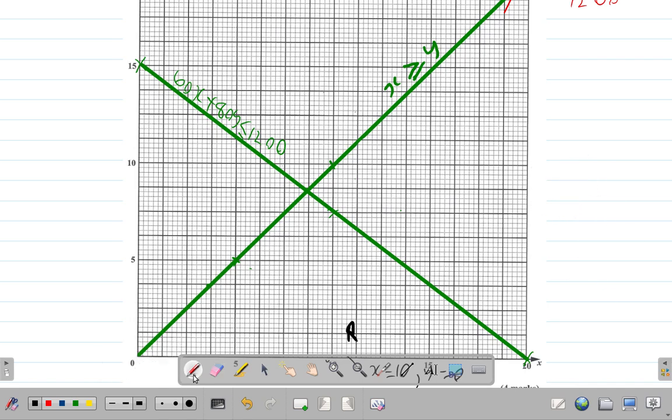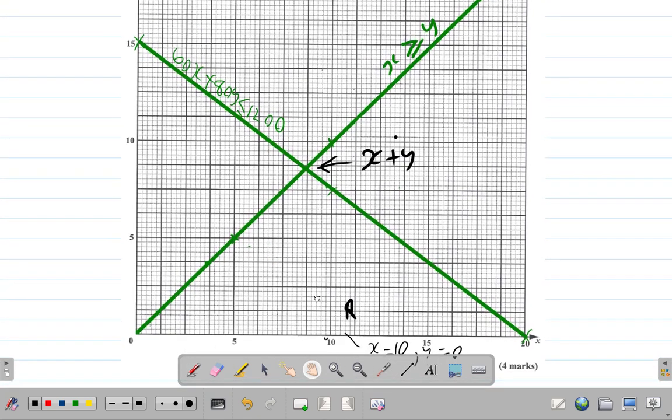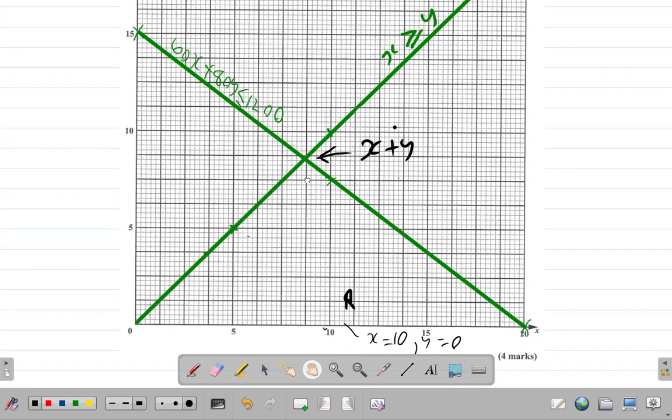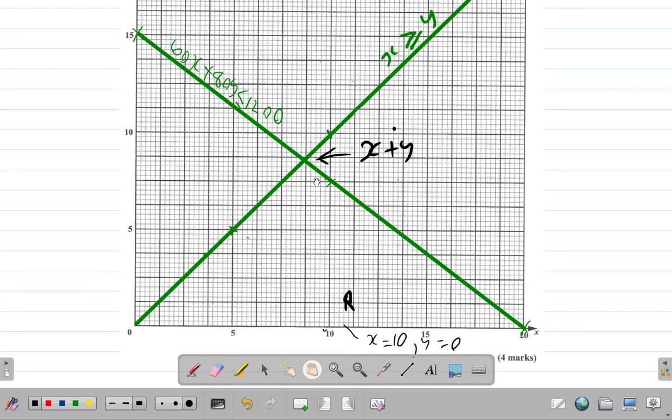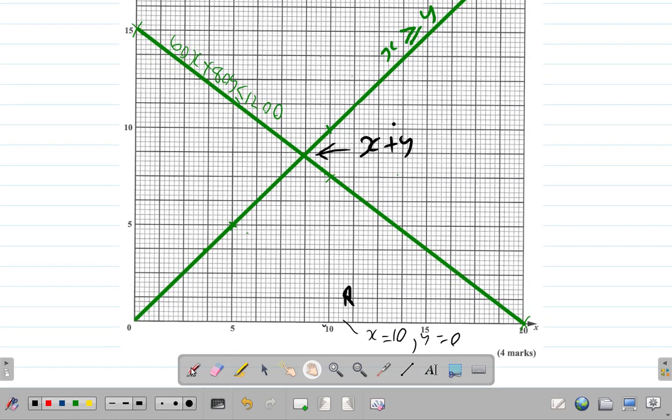Now, if you use the intersection, what you're going to see is that x is 5, 6, 7. We have to figure out what this number is. You can count it up and see. This is 1.